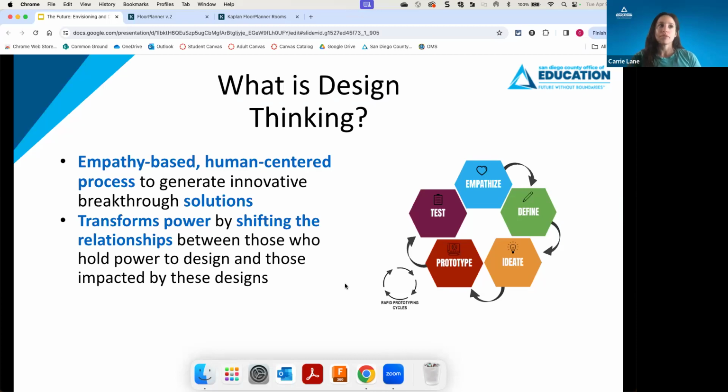And what's really great about design thinking is it shifts the power relationship between people who hold the power to design and people who are impacted by design, because there are so many examples where people are designing for people. And one of the mottos with disabilities and individuals with disabilities is nothing for us without us.